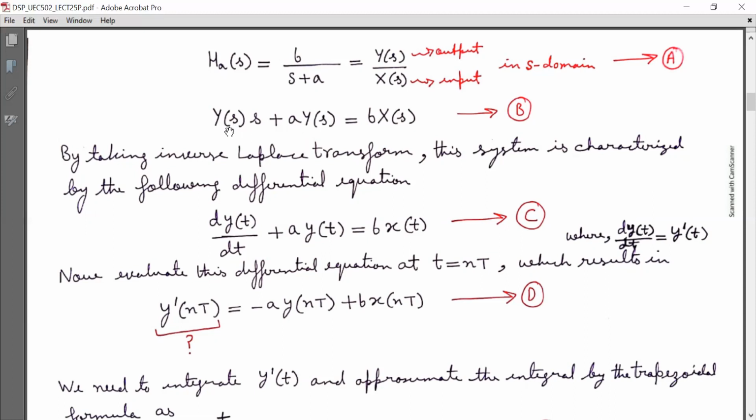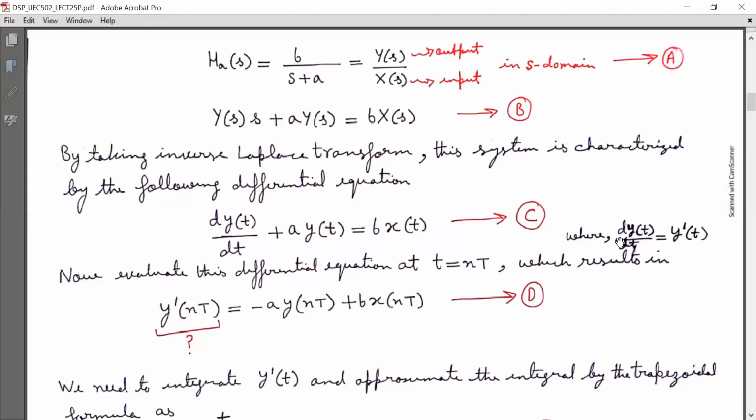So I am taking the inverse Laplace transformation of equation B, and sY(s) gives dy(t) by dt. I will get dy(t) by dt plus a y(t) is equal to b x(t). Here y(t) is the output signal, x(t) is the input, and mark it as equation C.